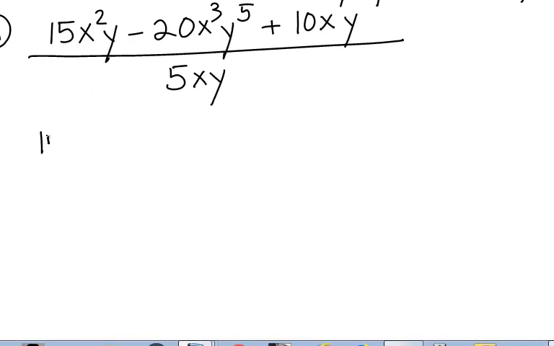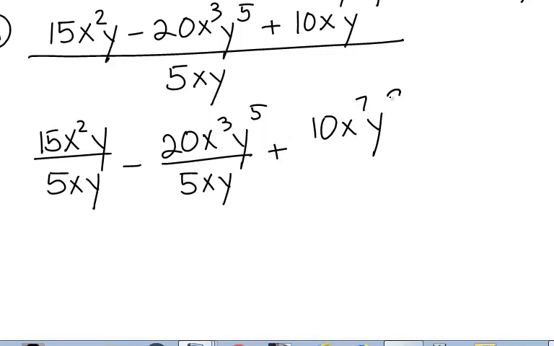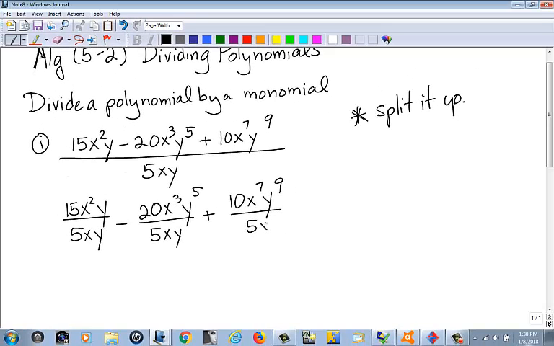I'm going to write it 15x squared y over 5xy minus 20x cubed y to the 5th over 5xy plus 10x to the 7th y to the 9th over 5xy.